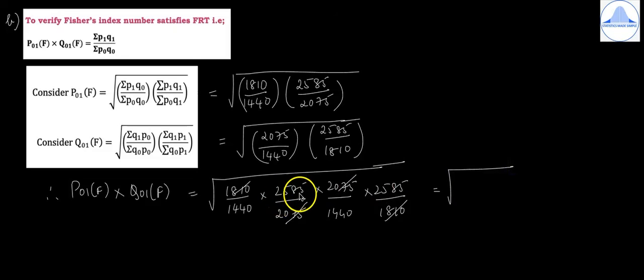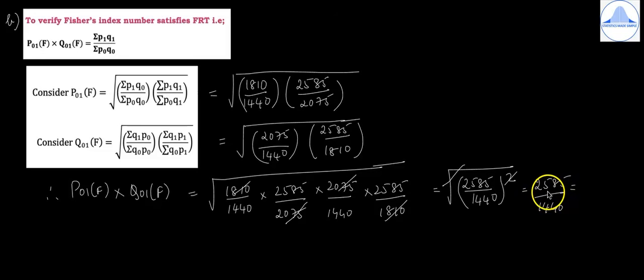Then you have 2585 into 2585 in the numerator. Then in the denominator you have 1440 into 1440. So it is written as root of 2585 divided by 1440 the whole square. So you should write this step correctly, and then the square and the root will get cancelled, and what remains is 2585 divided by 1440.